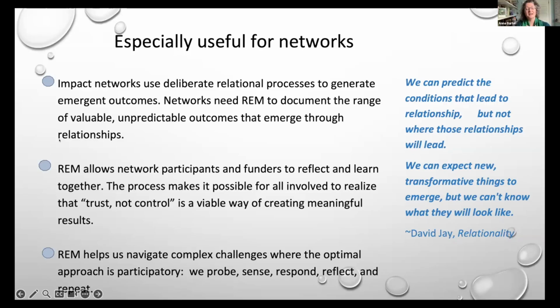These were things that June had brought forward as especially important for us to name in the context of network evaluation. Because impact networks use really deliberate relational processes to generate emergent outcomes, ripple effects mapping can be super useful to document that range of outcomes as well as the range of relationships and how those are flowing and moving. You'll often find little things.